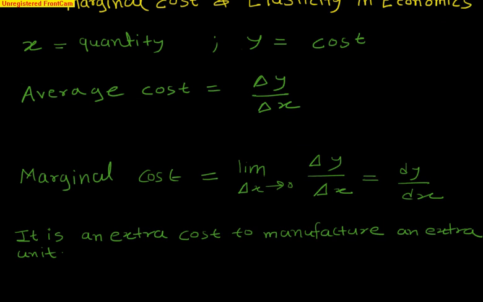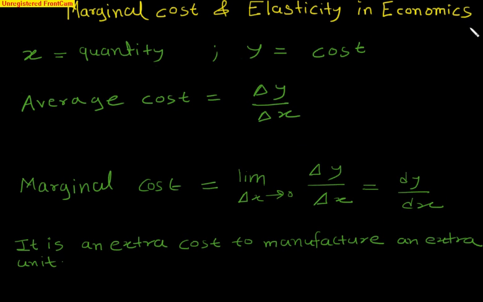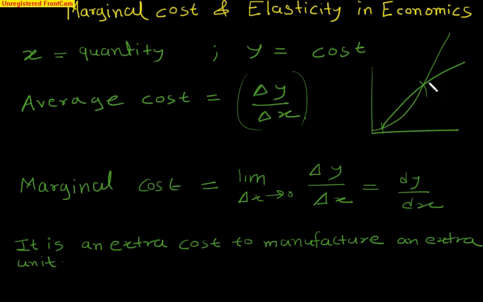See here, x is quantity, y is average cost. We have seen delta y by delta x. Suppose this is a straight line, actually it is not, but suppose, and I want to find out the slope of this. This is delta y, this is delta x.